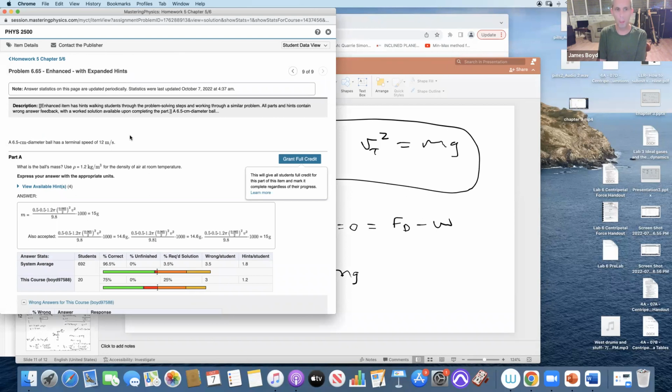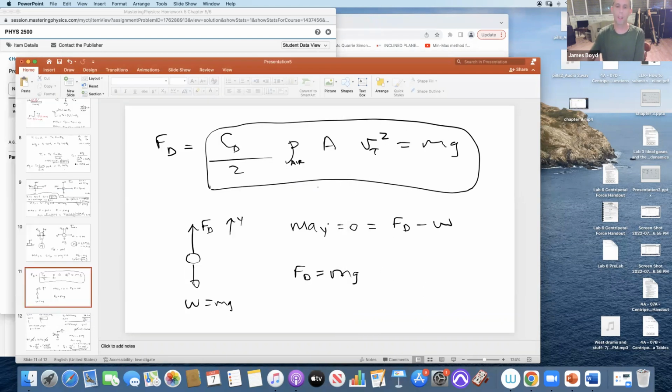We're told that the ball is 6.5 centimeters in diameter, okay? So when a ball is falling through the air, what the air sees is a disk. It sees a circle projected at it. A disk has an area of pi r squared, but r is d over 2, so it also has an area of pi (d/2) squared.